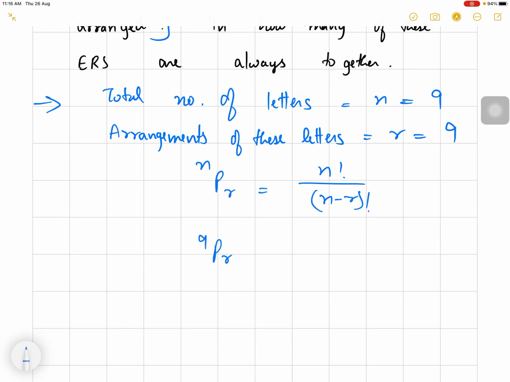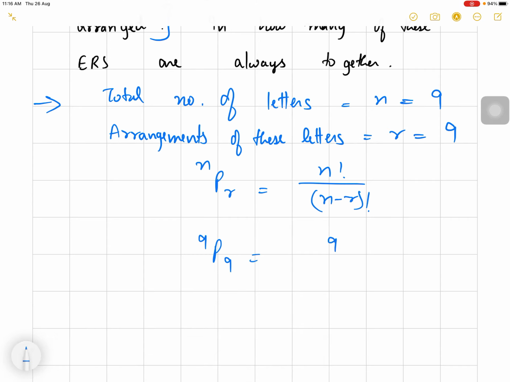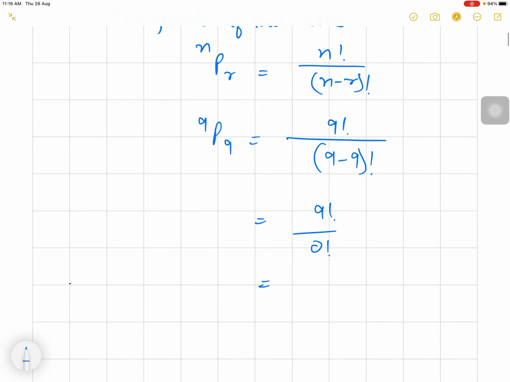So 9P9 is equal to 9 factorial divided by (9 minus 9) factorial. So 9 factorial divided by 0 factorial. 0 factorial is equal to 1.